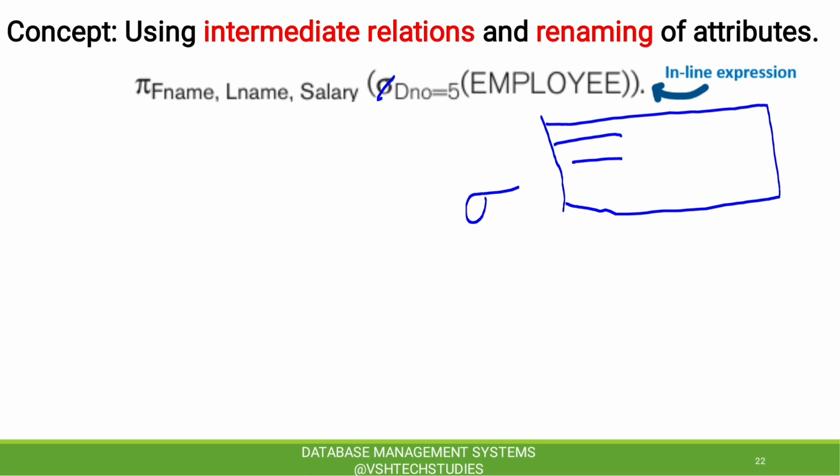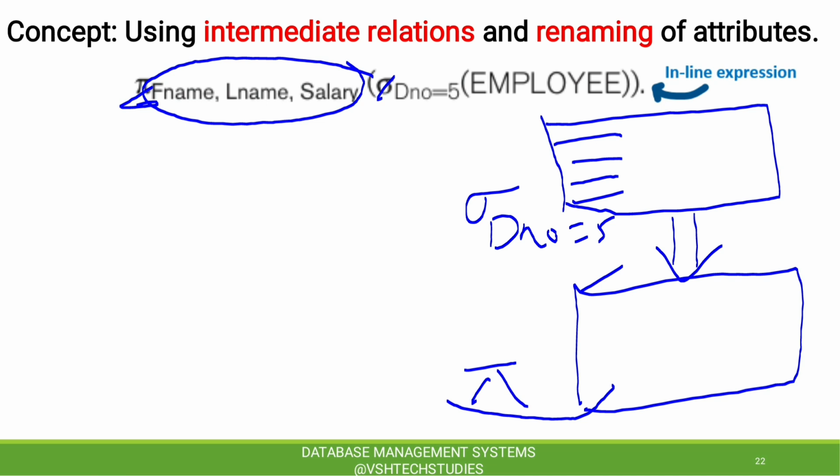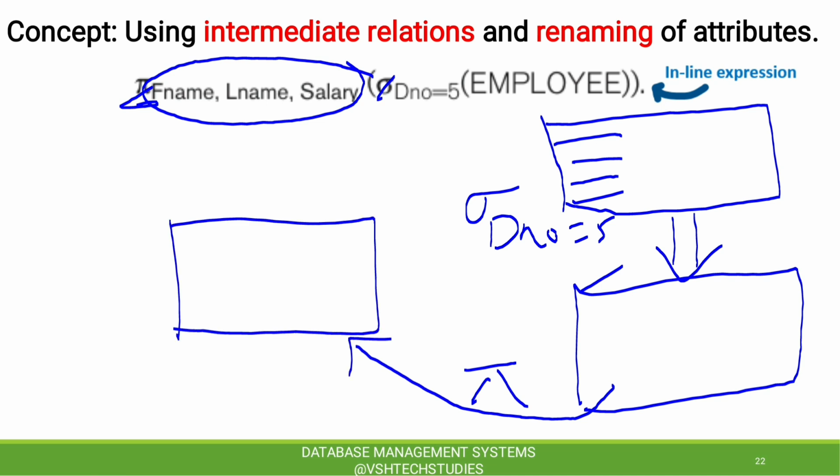If this is the employee relation, it acts as input to this select operation. There will be many rows. It will choose only those rows where D number is 5. So only those rows will be output, and this relation will act as input to the next project operation. This project operation will choose only 3 columns, so a relation having only 3 columns will be the output.